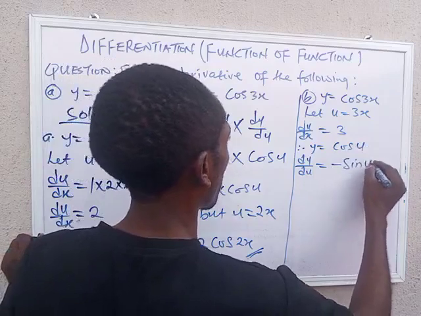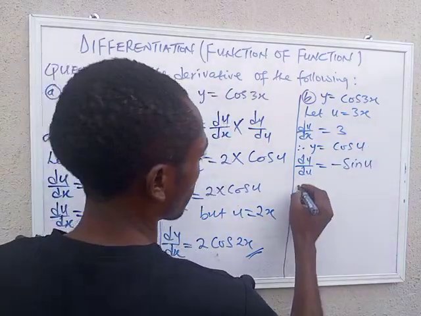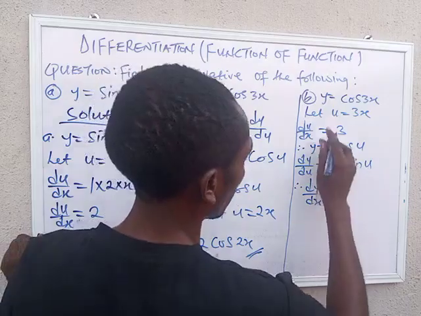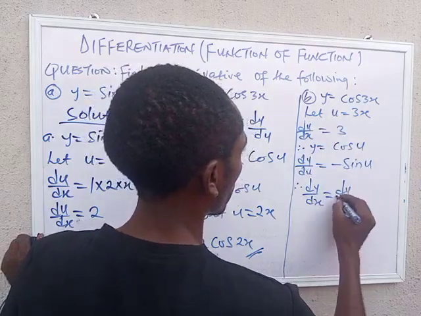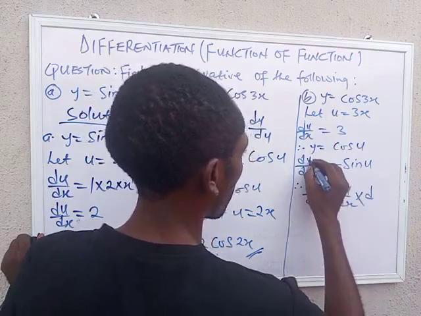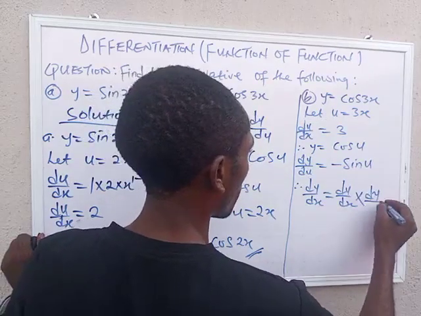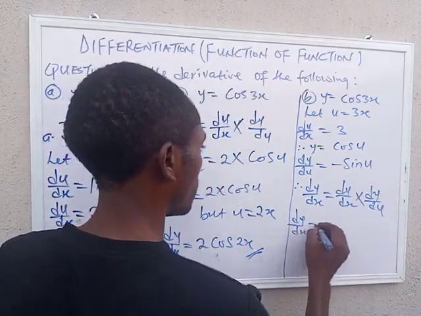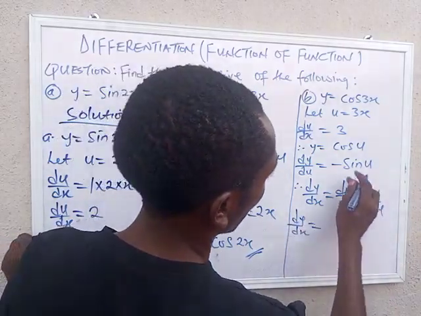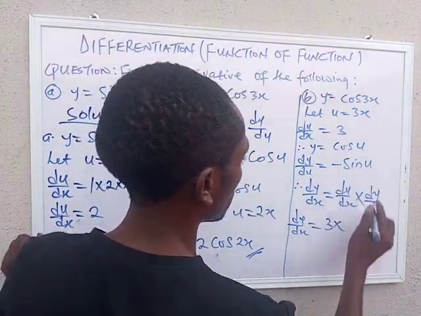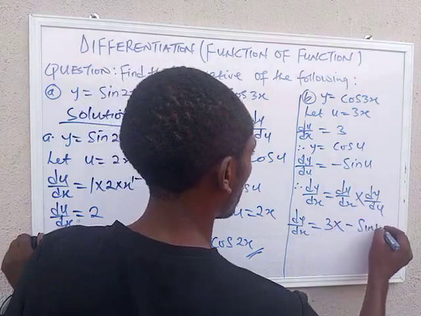So minus sine u. So we're now going to have, therefore, dy dx is going to become du dx times dy du. So dy over dx is the same thing as 3 times minus sine u.